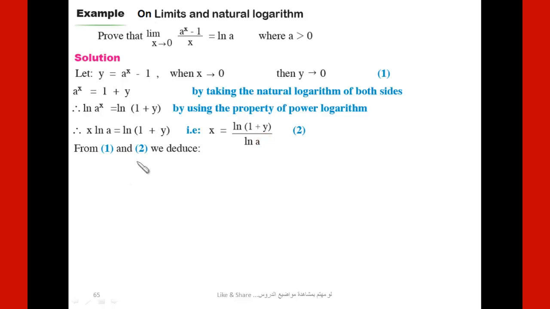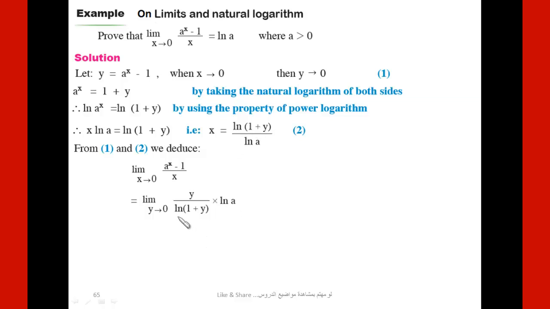From 1 and 2, we have in 1 y equals a power x minus 1, and when x tends to 0, we replace it with y tends to 0. So the limit of a power x minus 1 over x when x tends to 0: what is the value of a power x minus 1? It is y, divided by x, which is ln 1 plus y over ln a.